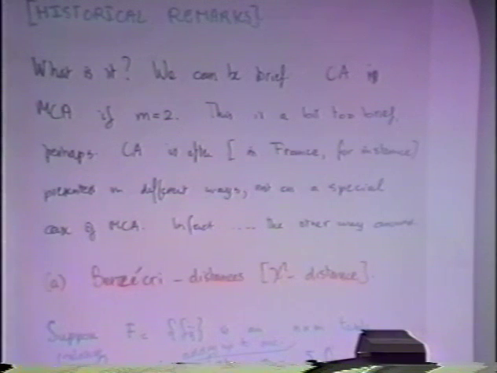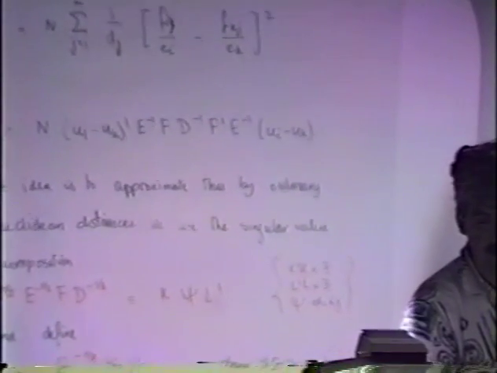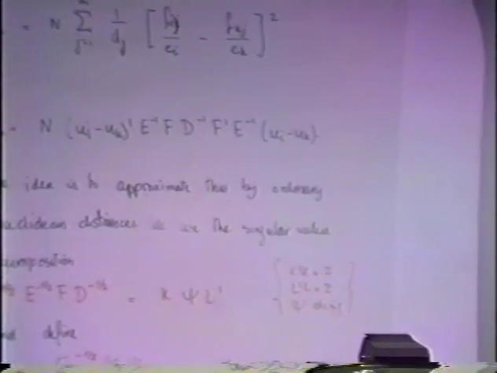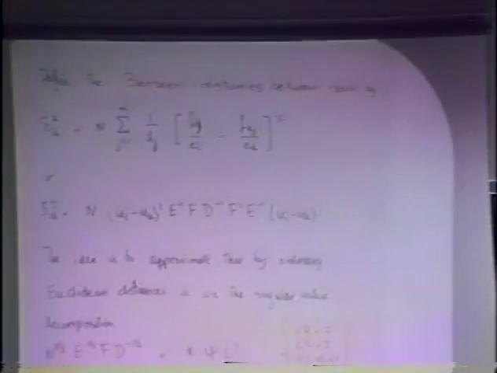And I'm defining E and D, which are the two vectors with marginal frequencies of the bivariate distribution, or the cross table, or the contingency table. These are all names that you can use for such a table. Now Benzécri starts by defining a particular distance measure on the rows of this table.